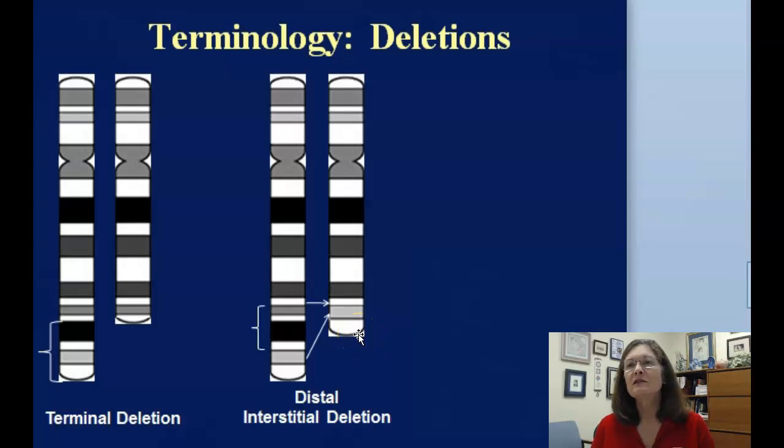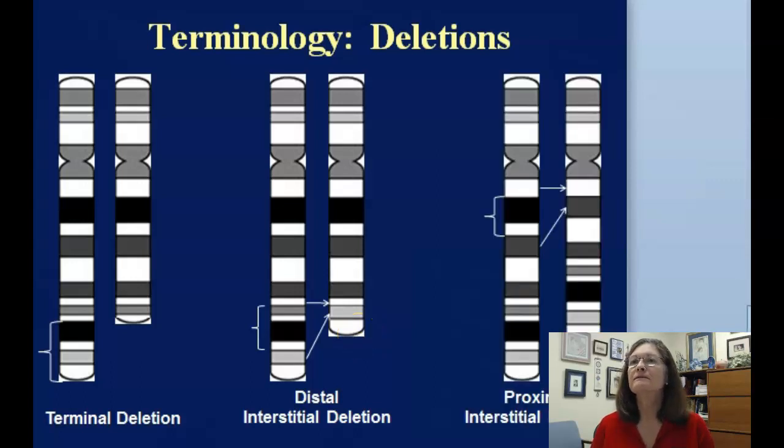So that's a distal interstitial deletion. But you can also have an interstitial deletion of the proximal region. In fact, those are all interstitial deletions because you can see this band is here and this band is up here, and so this region in the middle is missing from this chromosome. So this is a proximal interstitial deletion.